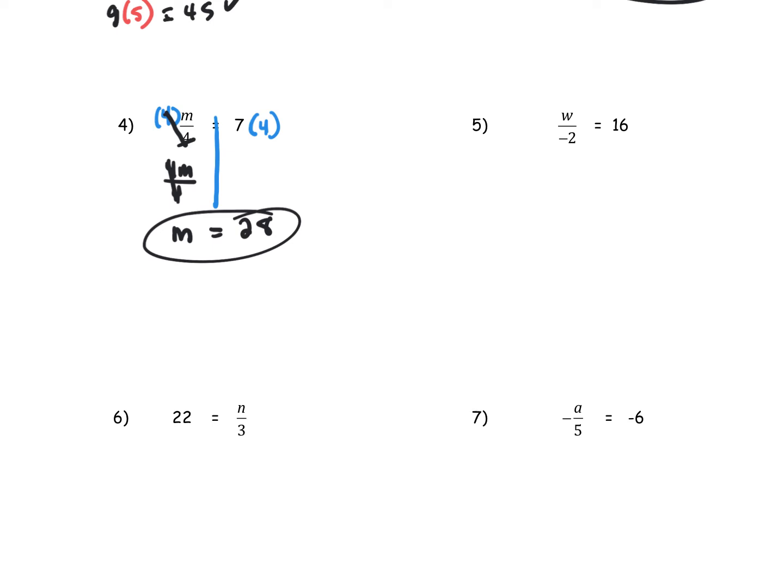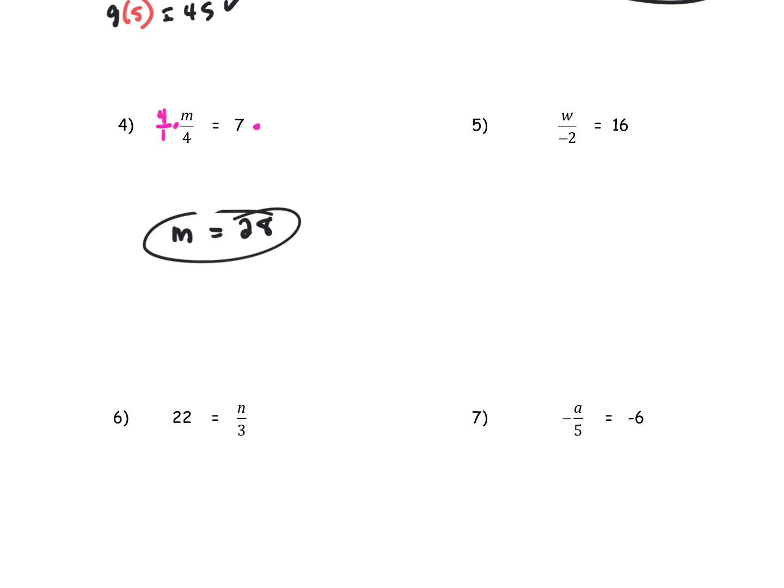Now, it might clarify it if I write this a little bit differently. What I just showed was what I would refer to as the shortcut way. However, since m divided by 4 also looks like a fraction, we could show that we're multiplying by 4 over 1.